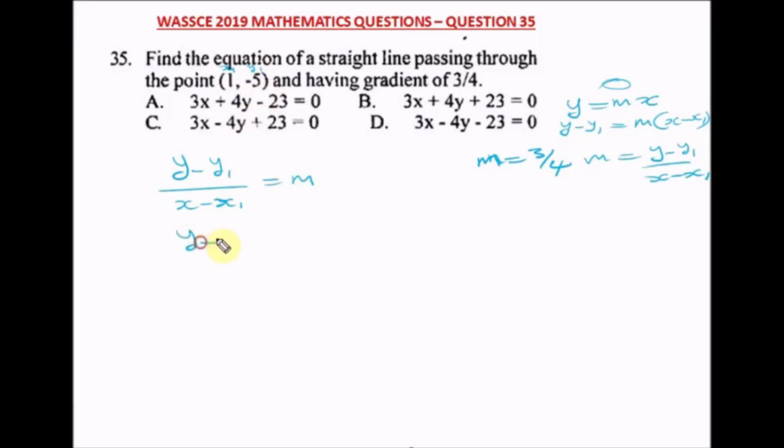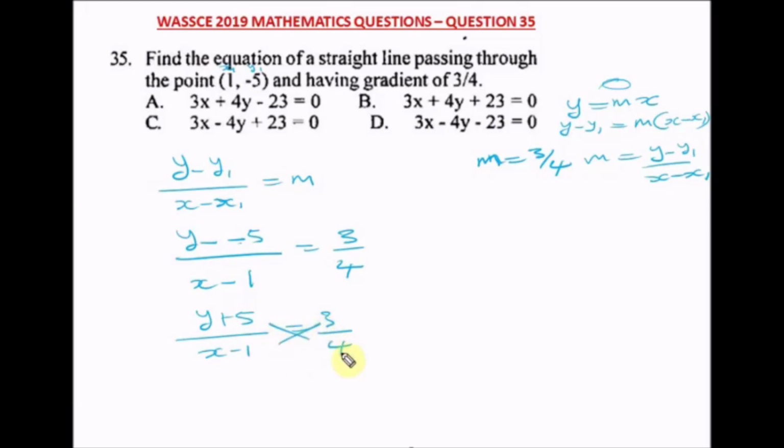So we have y minus, what is y1? y1 is minus 5, divided by x minus, what is x1? That's minus 1, equal to, what is m? m is 3 over 4. So from here, this minus will multiply this minus, we have a plus 5 over x minus 1 equals 3 over 4.